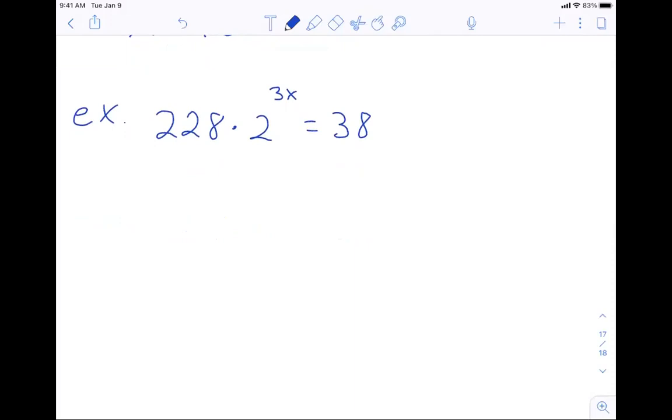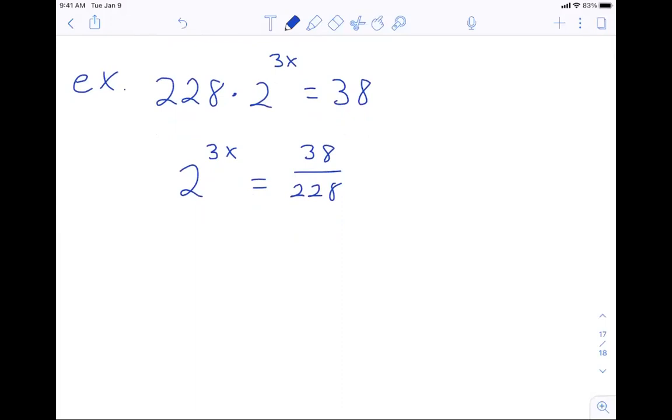So the first thing, if I want to solve this for x, I'm going to divide both sides by 228. So I have 2 to the 3x is equal to 38 over 228. I'm not even going to bother figuring that out because this is a total calculator problem.